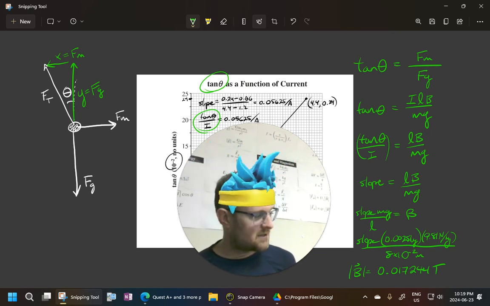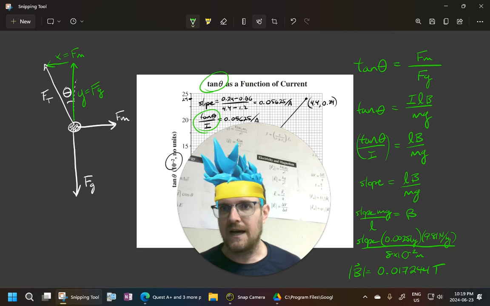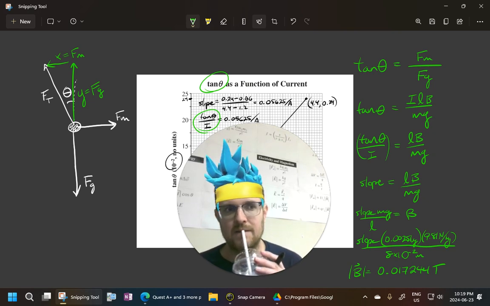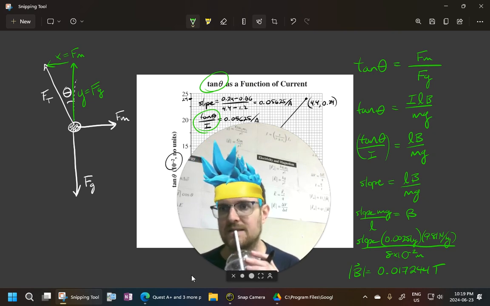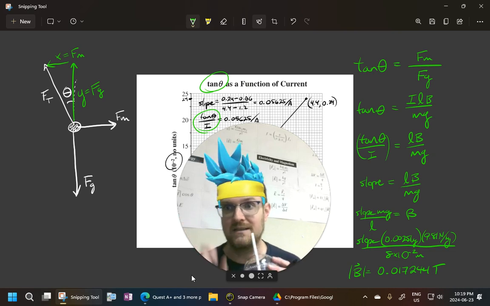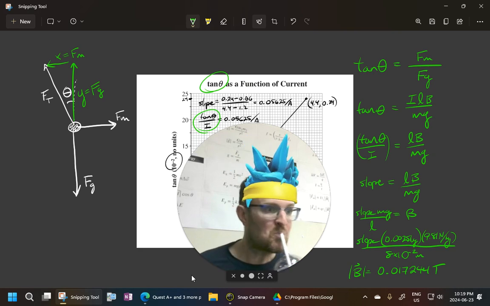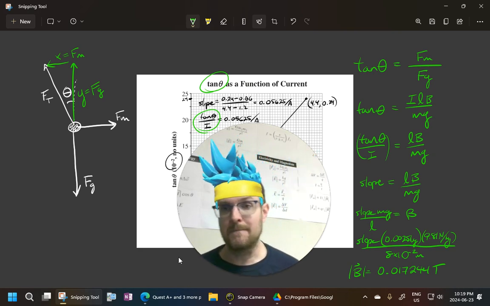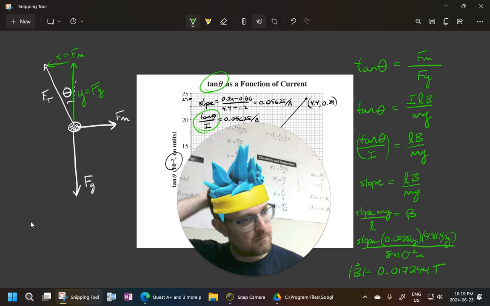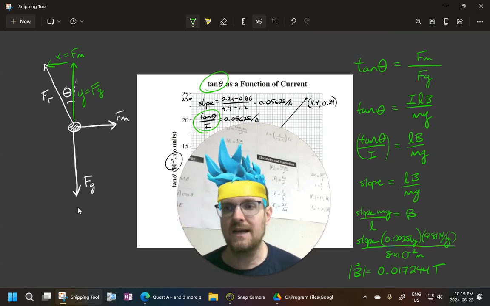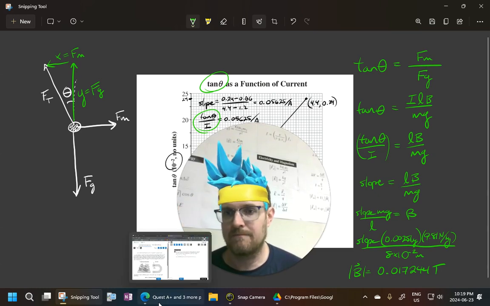Remember, when it comes to Teslas, they can't be arbitrarily high. There's maximums we have, like man-made 5-ish Teslas is really strong. 1 Tesla is like a neodymium magnet, like a really strong one, right? The ones on fridges are like 0.1. So this is not as strong as it could be, but it's a good number.